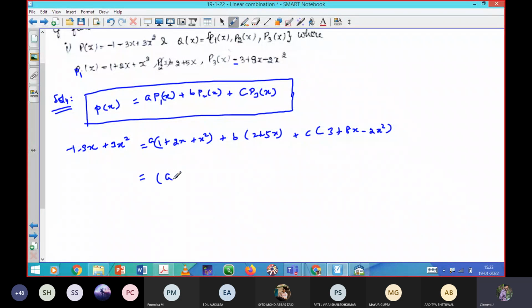Okay, here A plus 2Ax plus Ax square, plus 2B plus 5Bx, plus 3C plus 8Cx minus 2C x square.